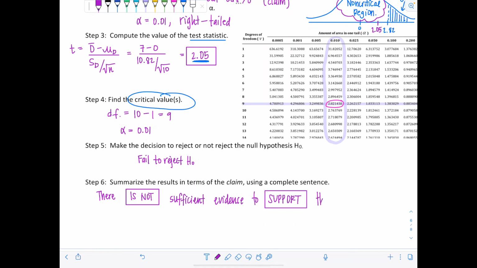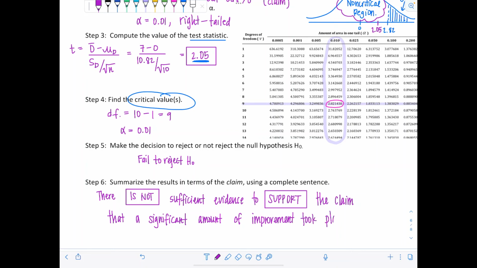The claim that, what did they claim? A significant amount of improvement, yes. Took place.